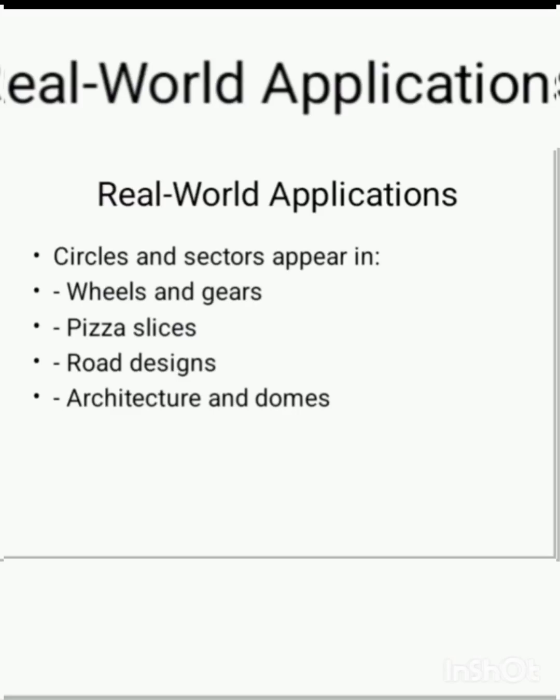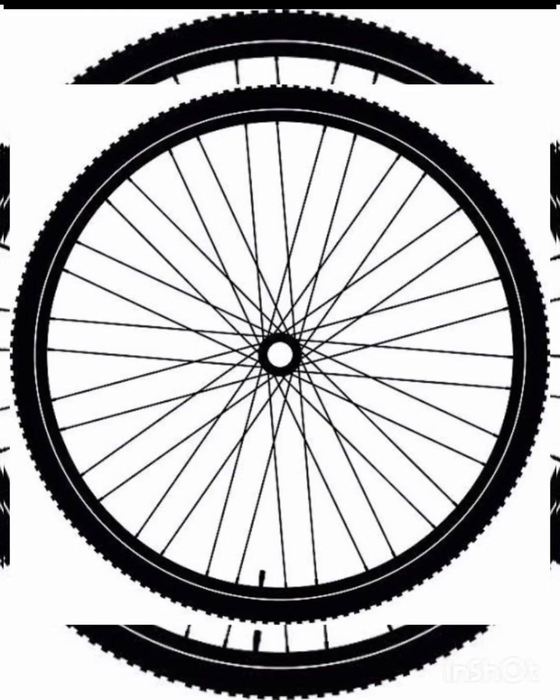Now, let's talk about the real-world applications of circles. We have discussed the theoretical aspects of circles in the form of definition, terms, arc lengths, area of sector, and perimeter of sector. Now, the real-life application. I believe you can see this bicycle wheel.